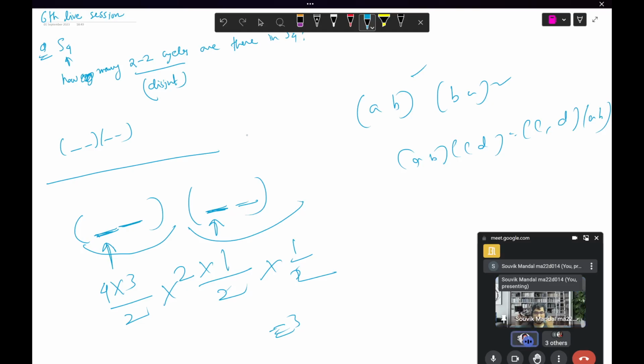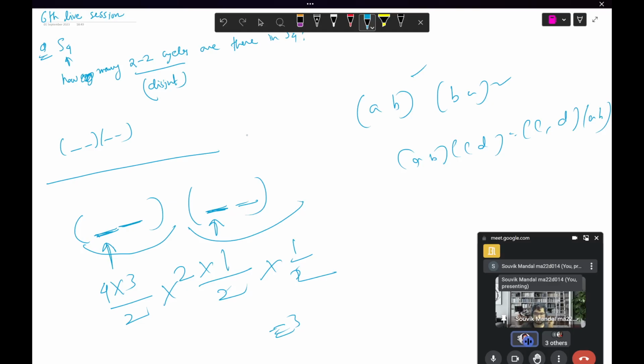Sir, in the first case where we have four choices, S4 has 4 factorial elements. Yes, correct. The rest of the argument, after that three choices divided by half, is also clear.